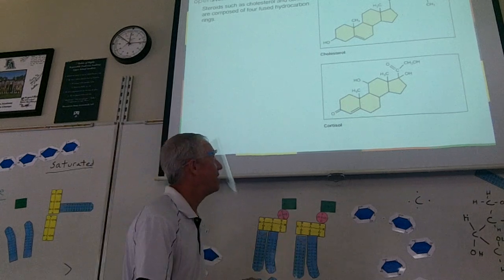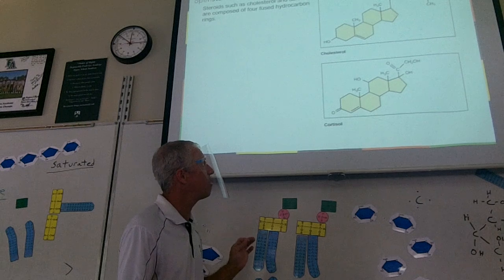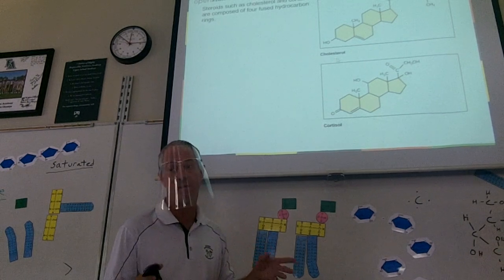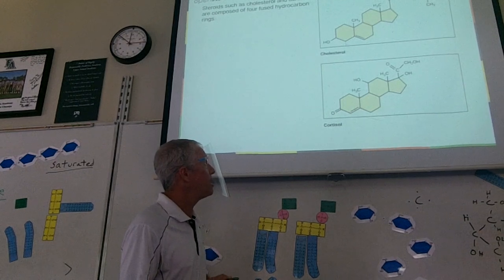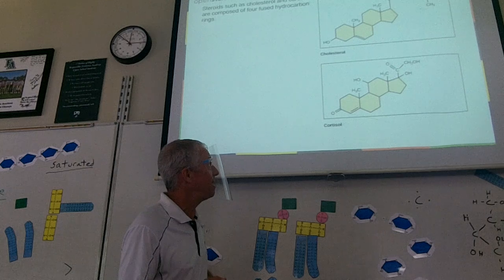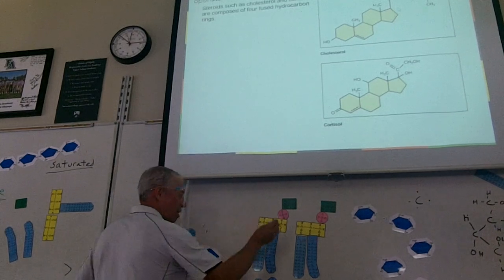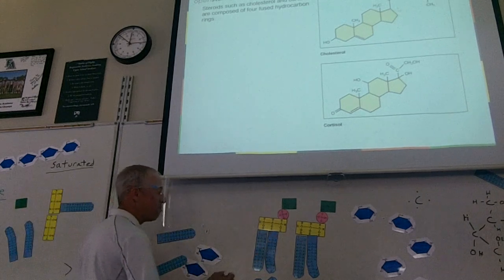What is a steroid? This is a steroid molecule. The most common steroid is cholesterol. You may not have known cholesterol is a steroid molecule, but it is. And cholesterol is a molecule that you need. It actually exists in membranes. You can put a cholesterol molecule in a membrane, and it'll help stabilize the membrane.